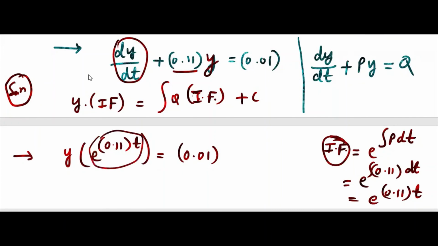Whatever you get, this one you need to integrate. If you integrate this one, e power 0.11 t divided by 0.11 you will get, then plus c, I integrated already, plus c.